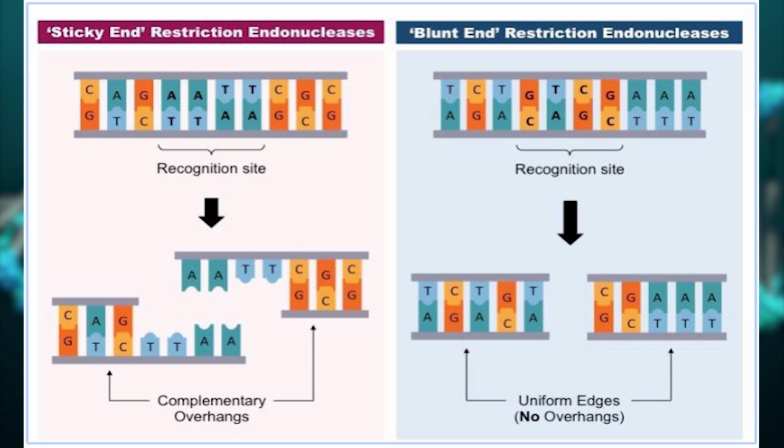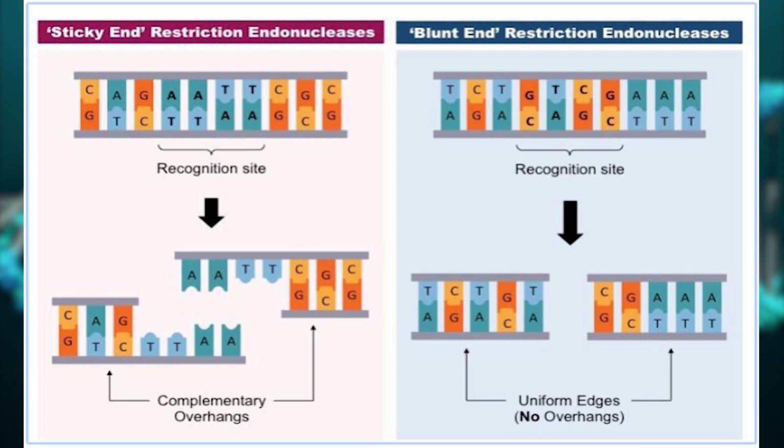So, in the first half of the figure there was an enzyme which was producing a cut in such a manner that the ends are not even, the ends are protruding. But in the second case, no overhangs are there, no protruding ends, no sticky ends, and they are basically generating blunt ended DNA molecules.